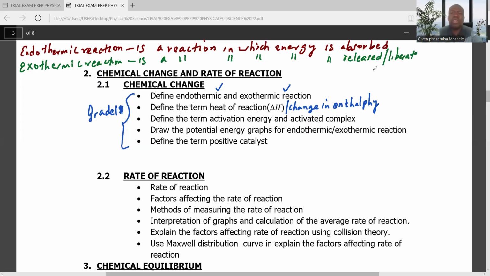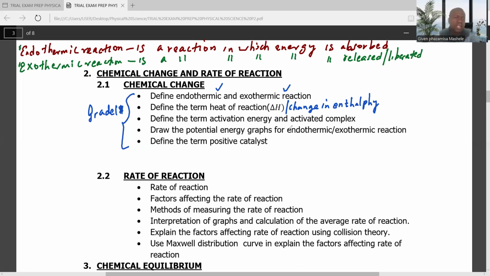So the reaction in which energy is released or liberated is called the exothermic reaction. So it's very important, ladies and gentlemen, to differentiate between the terms endothermic and exothermic, because when you're going to talk about chemical equilibrium, someone will be using these terminologies. So make sure that you understand this.